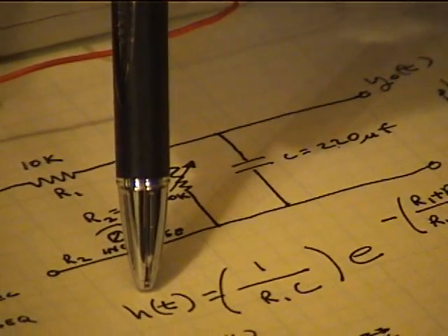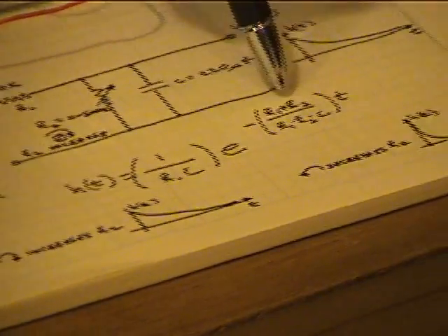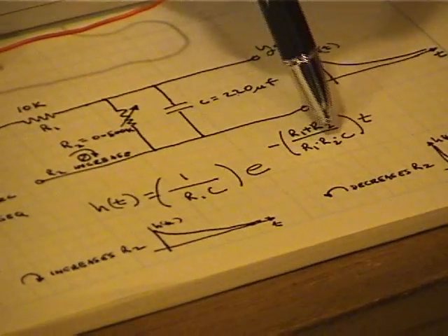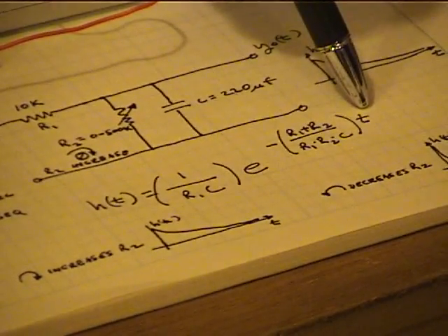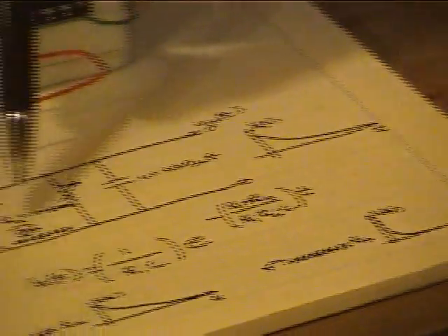The impulse response function is 1 over R1C times e to the minus (R1 plus R2) over (R1 times R2 times C) times t. This gives a damped exponential.